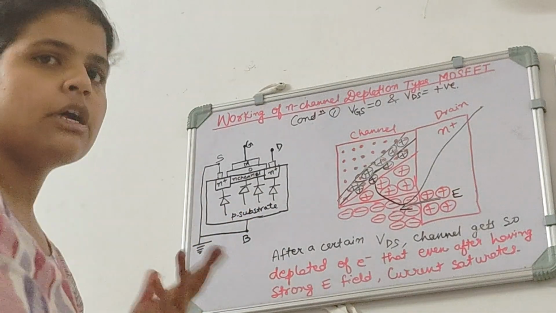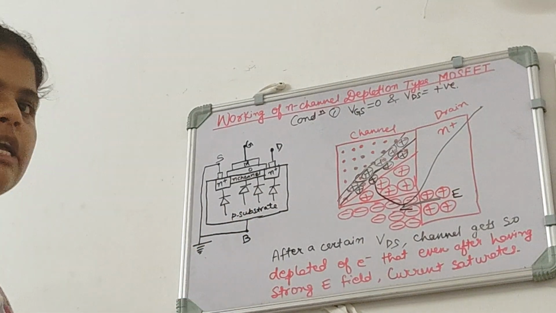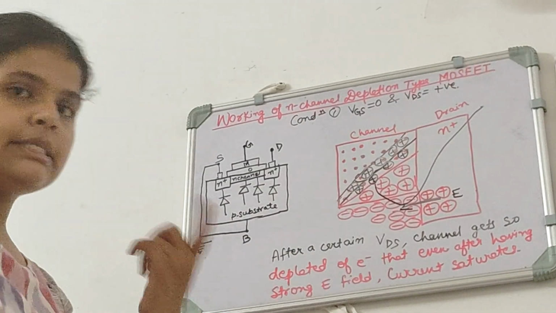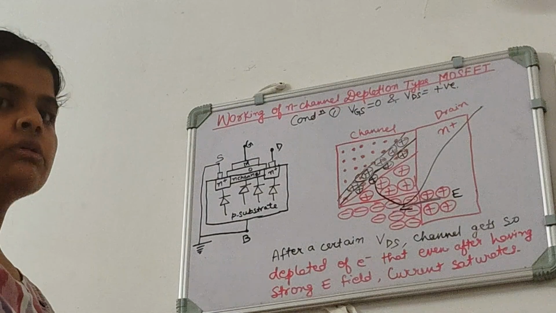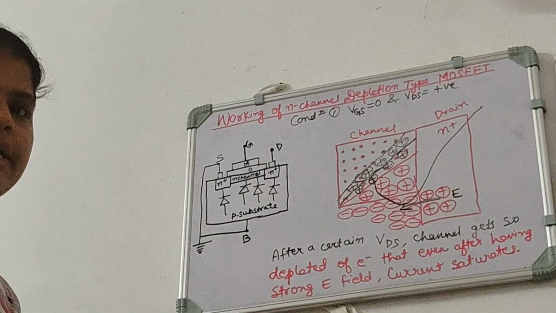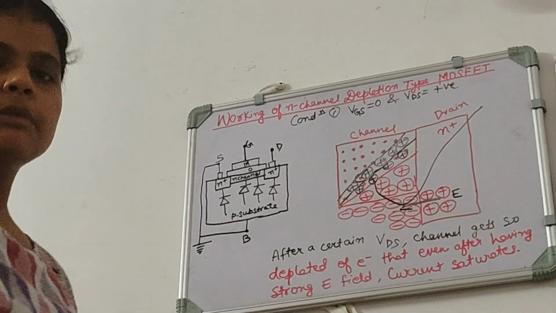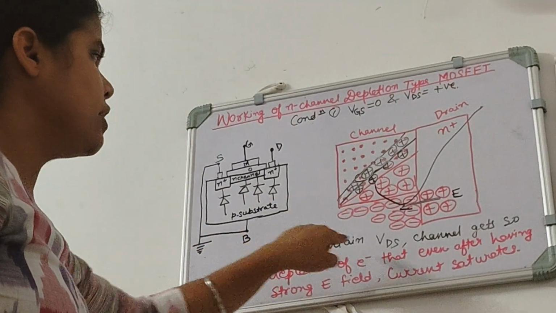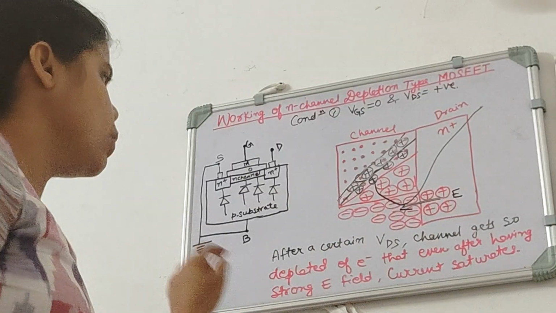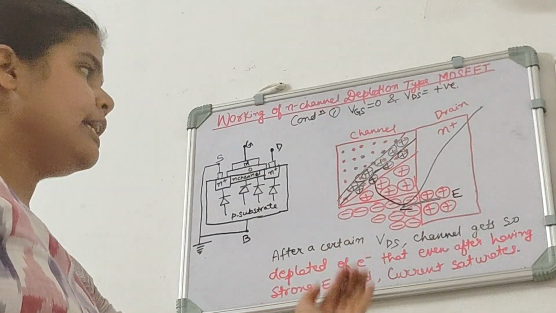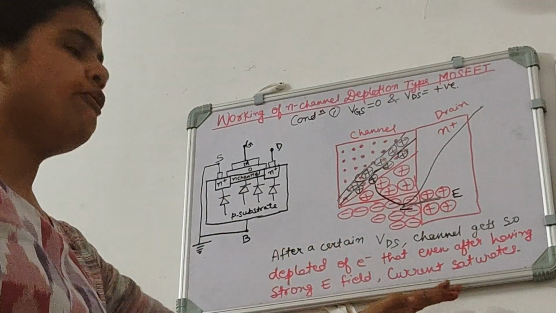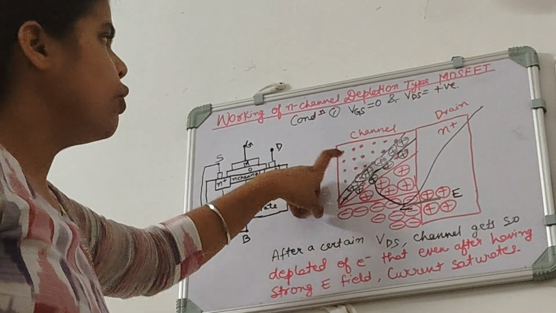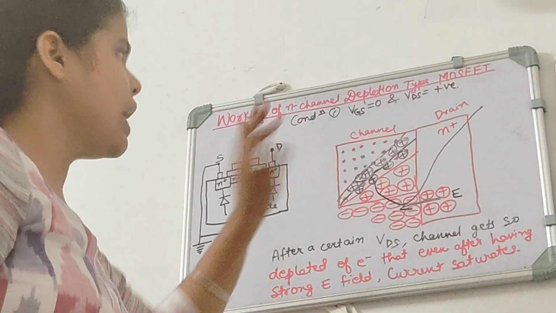But after a certain VDS, we will notice that even after increasing VDS, we won't see any increase in the current, because then our current gets saturated. And what is the reason behind that? After a certain VDS, the channel gets so depleted of electrons that even after having a strong electric field, the current gets saturated. That means there won't be many electrons in the channel.